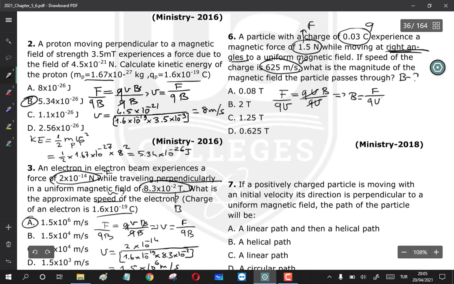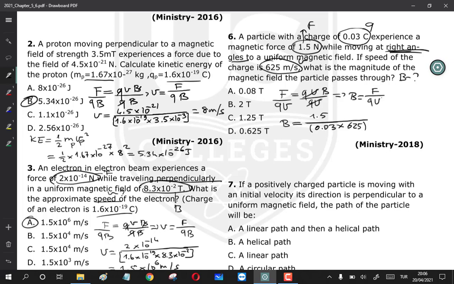Q multiplied by V. So then B is equal to force, given as 1.5 newtons, divided by Q, which is 0.03, times V, given as 625. Don't forget the bracket. So now use your calculator. 1.5 divided by bracket 0.03 times 625, close the bracket.